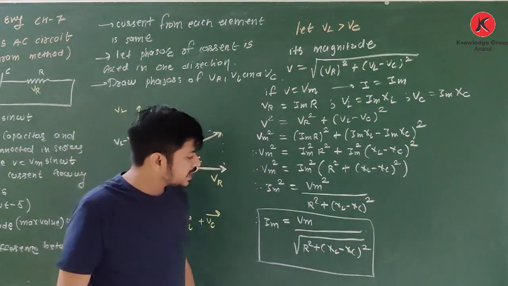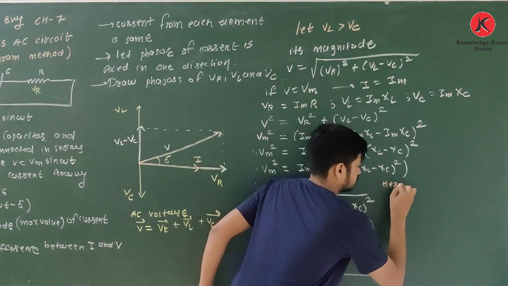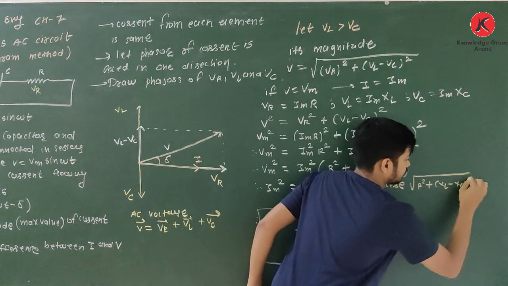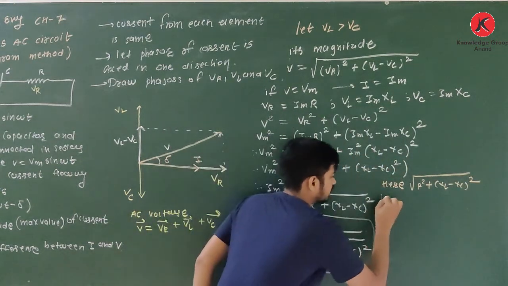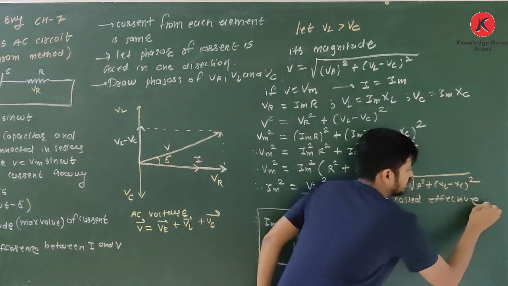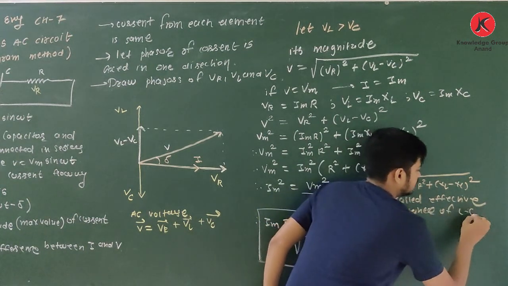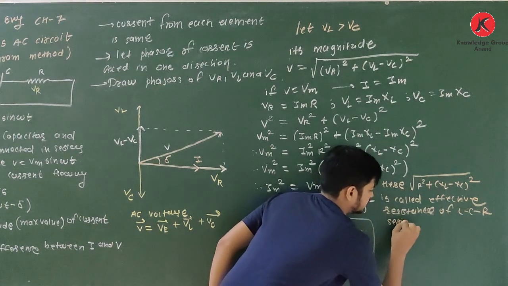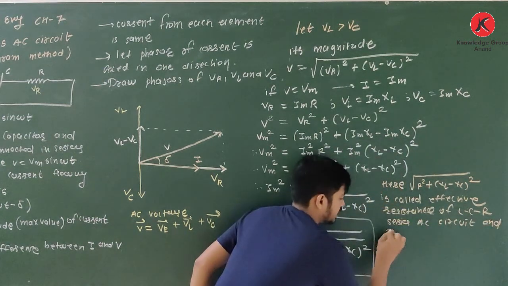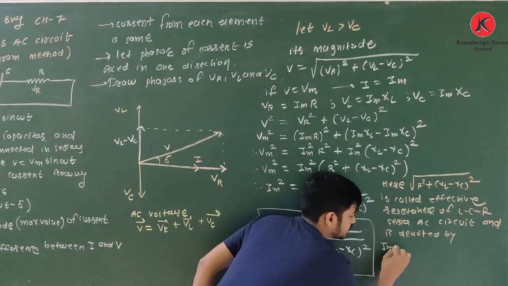Under root R square plus XL minus XC whole square is called the effective resistance of the LCR series AC circuit and is denoted by impedance. It is called impedance.